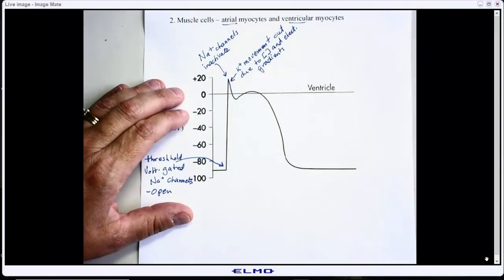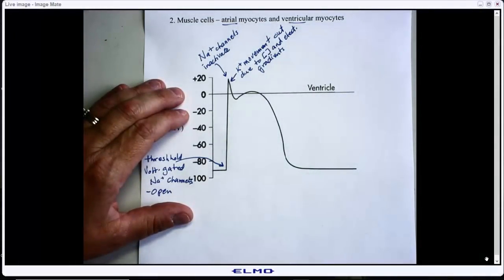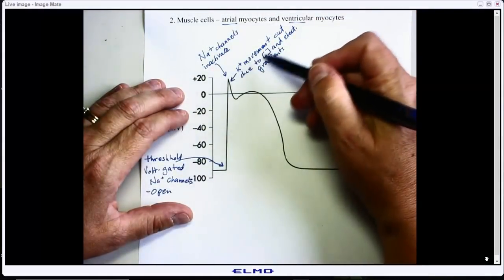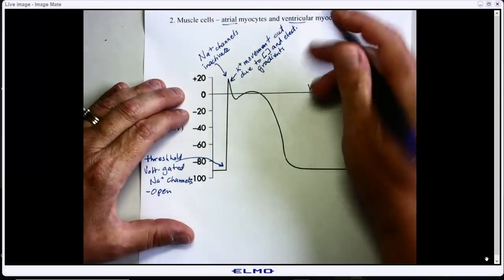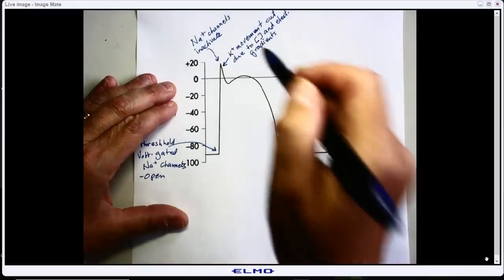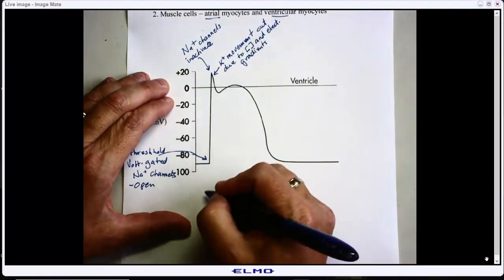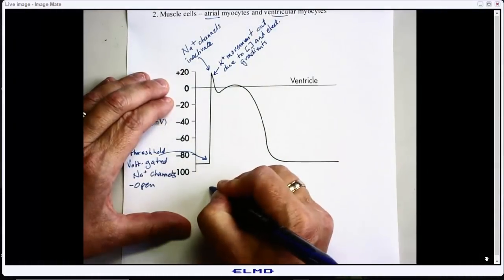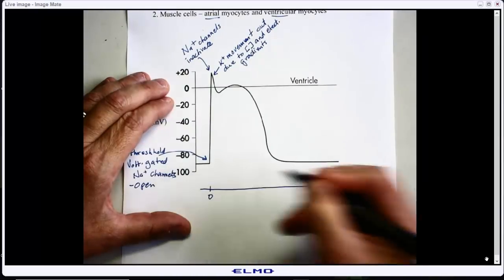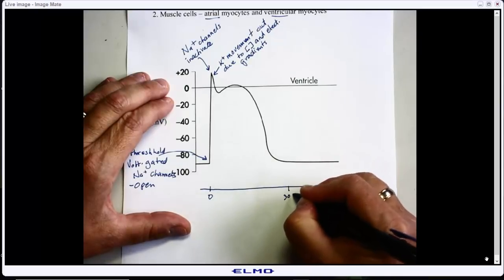Now, you didn't see this happen before in an action potential of a nerve or a muscle, because the action potential of a nerve or a muscle was happening so quickly. This event couldn't even happen. But because this action potential is happening over hundreds of milliseconds, you'll actually be pushing other ions around. So if we put a timeline on this, we are talking about an event that is about 300 milliseconds.